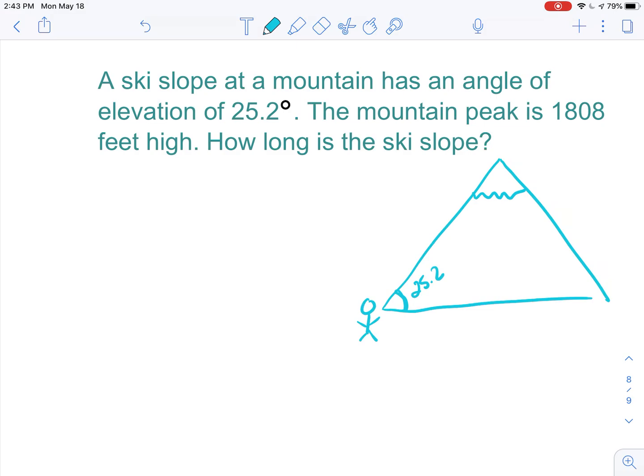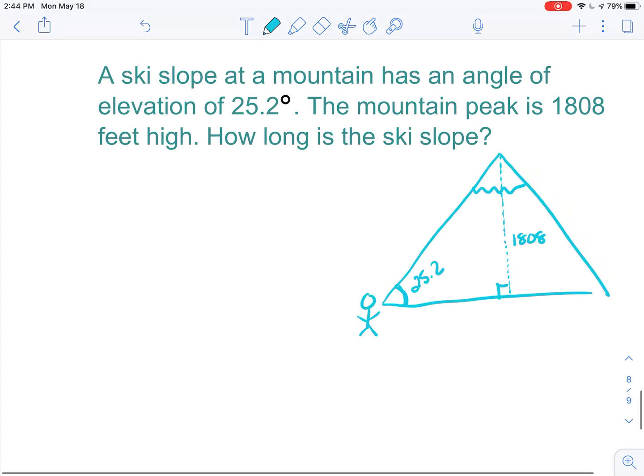Now, the mountain peak is 1,808 feet. Well, that's measuring from the base of the mountain. So if we drop an altitude here, measuring the height of the mountain peak, we get 1808. So the question is, how long is the ski slope? Okay, we want to find the length of the ski slope.